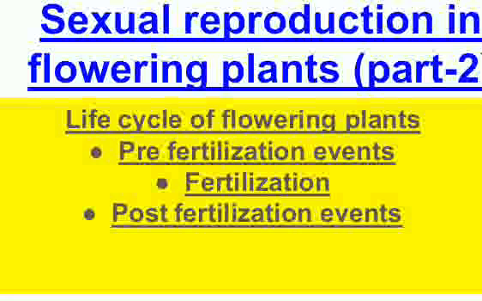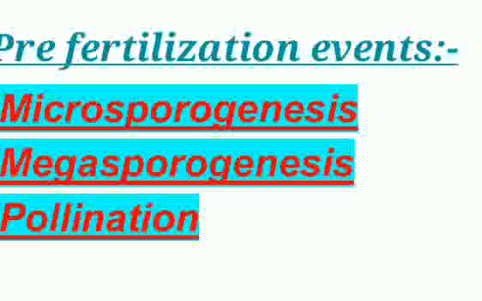However, they proceed one after other in a continuous manner, and then we started with the pre-fertilization events, which are those events wherein the flower undergoes some changes and prepares itself to cause the fusion of the egg with the sperm.